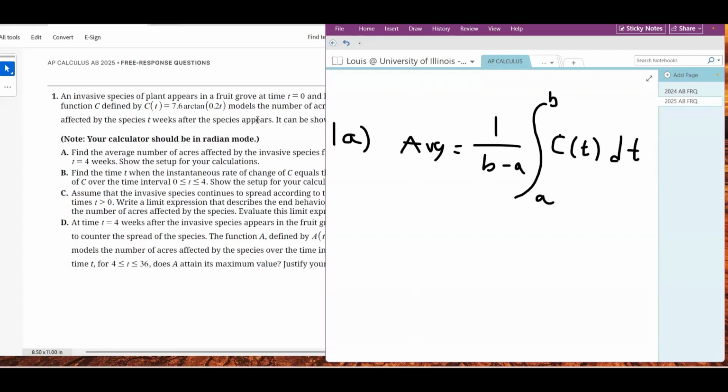Since the function c of t is equal to 7.6 arctan of 0.2 t, I'm going to put that in.